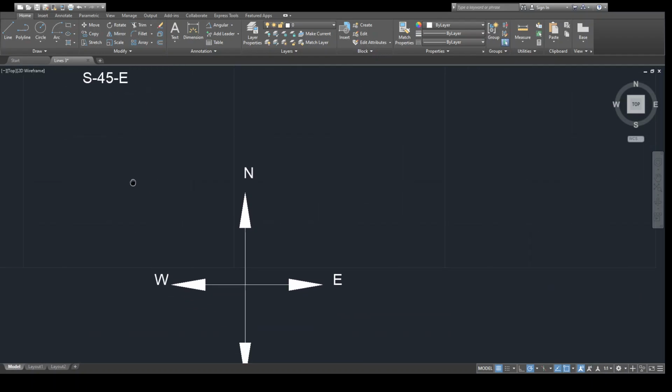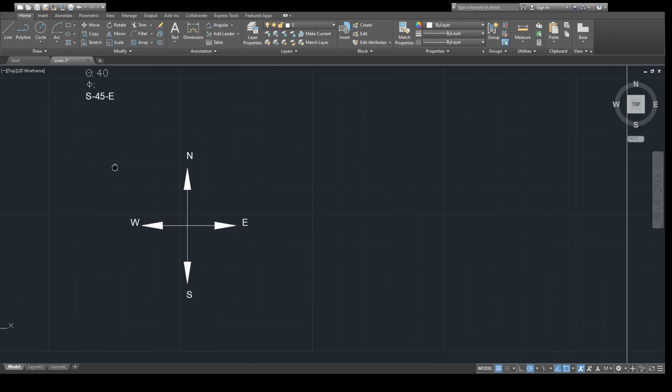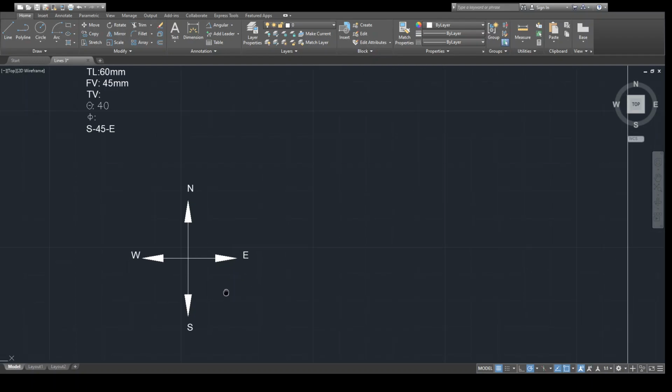So what is meant by S45E? S45E means from south to east 45 degrees. Suppose S30E, then south to east 30 degrees. Suppose N30E, it means from north to east 30 degrees.